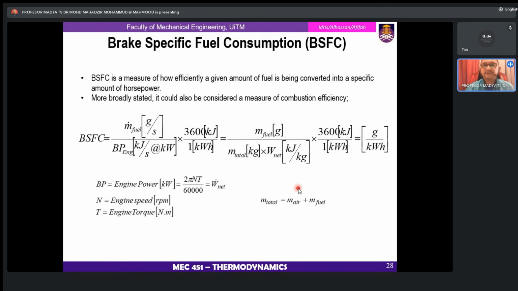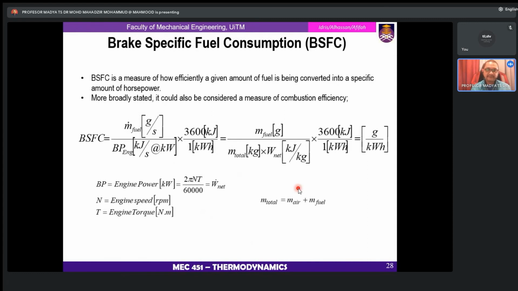And brake specific fuel consumption, BSFC. This is a measure of how efficiently a given amount of fuel is being converted into a specific amount of horsepower. More broadly stated, it could also be considered a measure of combustion efficiency. So this is an important term for the performance characteristics of the IC engine.